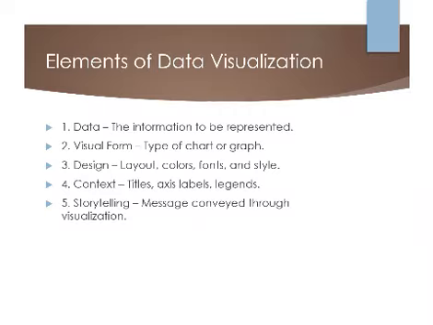Third is design, which layout, colors, fonts and style we use. Fourth is the context, that is titles, axis labels and legends we use. Fifth, and the more important element, is storytelling, that is the message conveyed through the visualization.